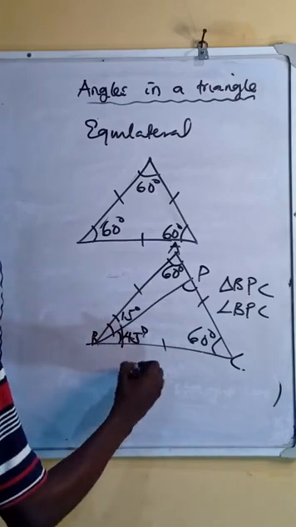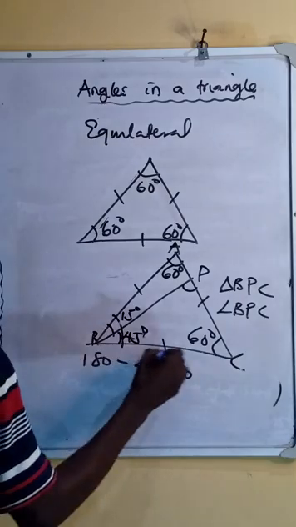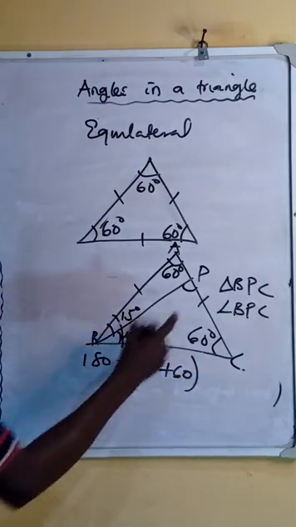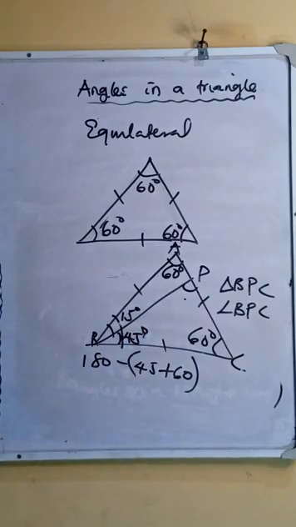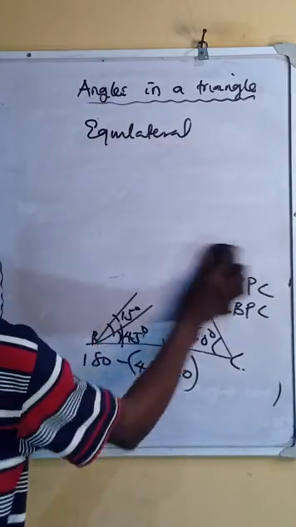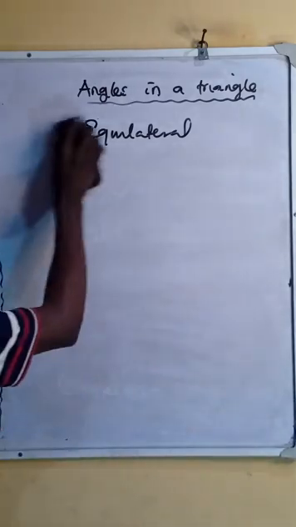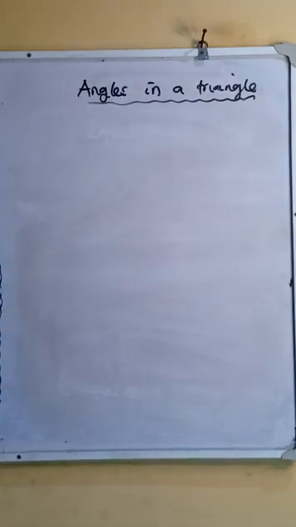So since it's a triangle, you have 45 plus 60 subtracted from 180, and you get the angle here. So it's not enough knowing the theorem. It is also very important for you to know the type of triangle you're dealing with in the given problem.